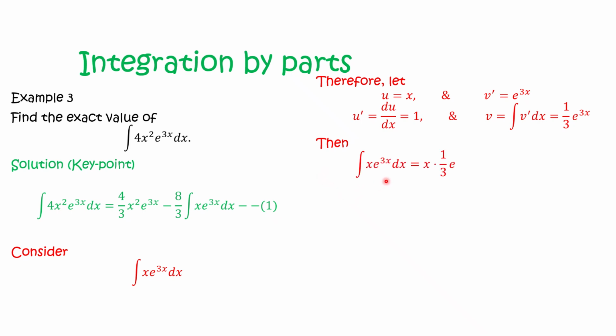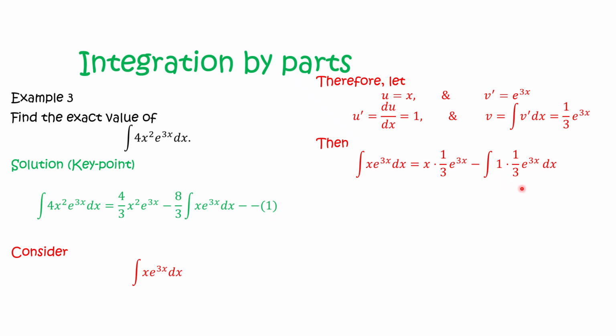Now, the integral of x times e to the 3x dx is going to be x times 1 over 3 e to the 3x, because the x comes from the u, and the 1 over 3 times e to the 3x is the v, minus the integral of the u prime, which is 1, times v, which is 1 over 3 e to the 3x dx.